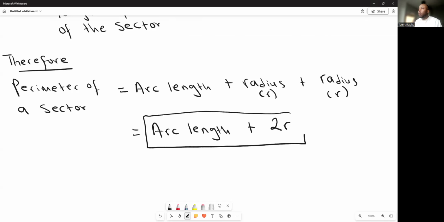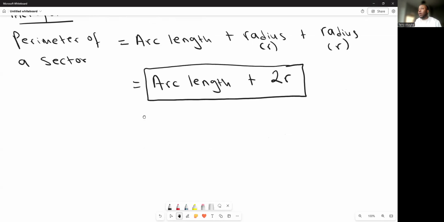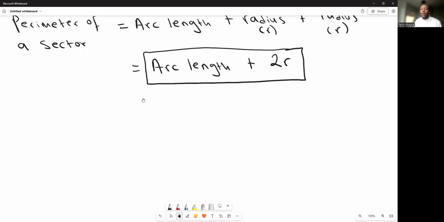Now, in the previous video, I talked about how to find the arc length of a sector, so please make sure you go back and review how to find the arc length. But what I'm going to do here is a quick reminder.